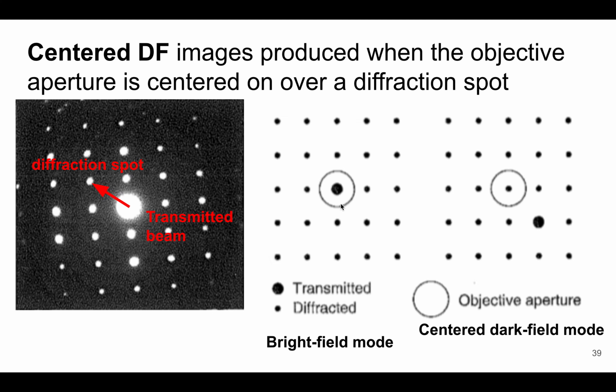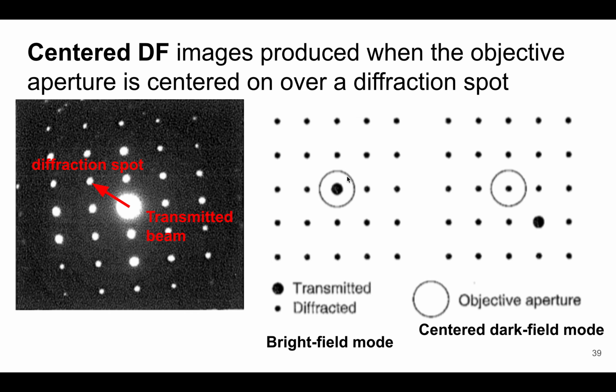If we're in bright field mode, the transmitted beam is the beam that's going straight through, just like you see over here. And then the diffracted beam is all these spots. These are the diffracted parts of the beam.